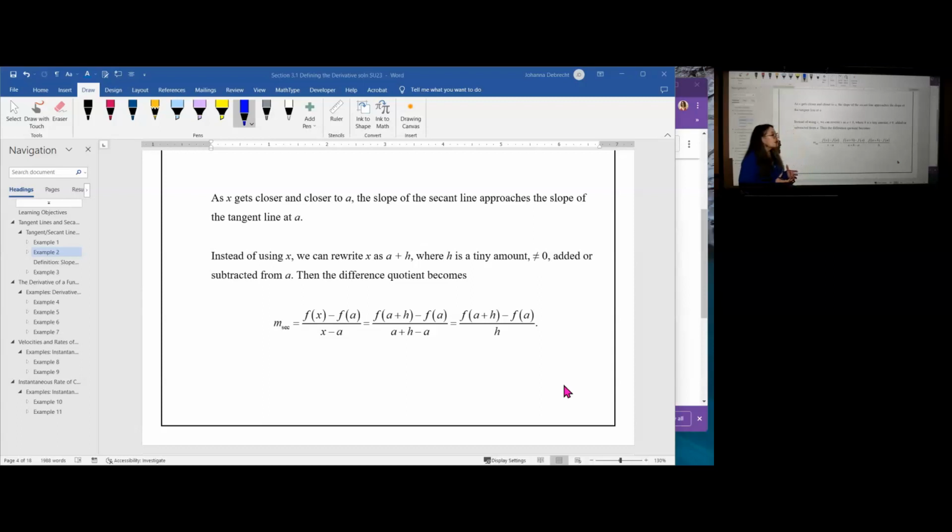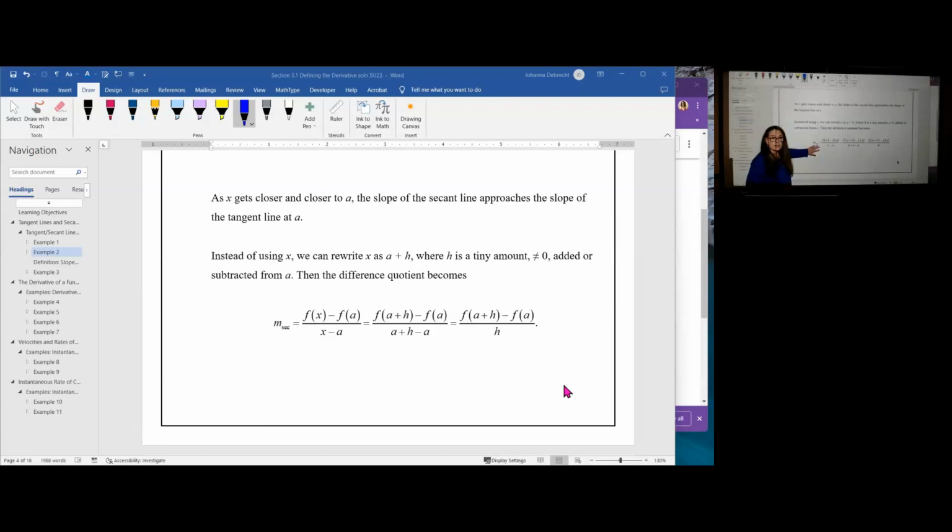Instead of using x as Dr. Jackson did in his particular applet, you can write a plus h as well. A plus h is the same thing as x. It just means a plus a little bit over to the right or the left. It doesn't matter. Then you're going to have the difference quotient.